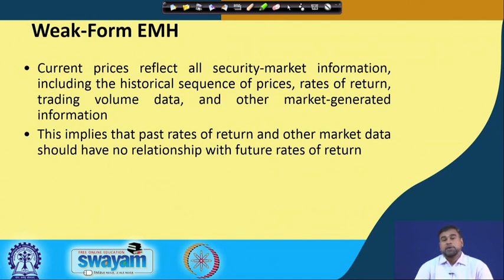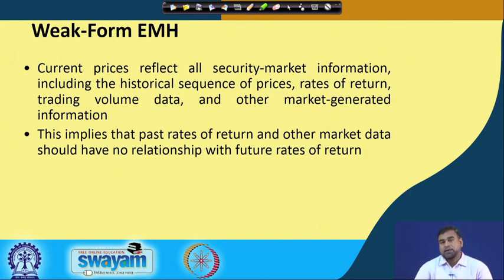I do not know what is going to happen tomorrow, and if some trend was happening 3 days back or 4 months back, how is analyzing that data going to help me say whether the price of that security will be up or down the next day or the next month? That is very difficult to predict.